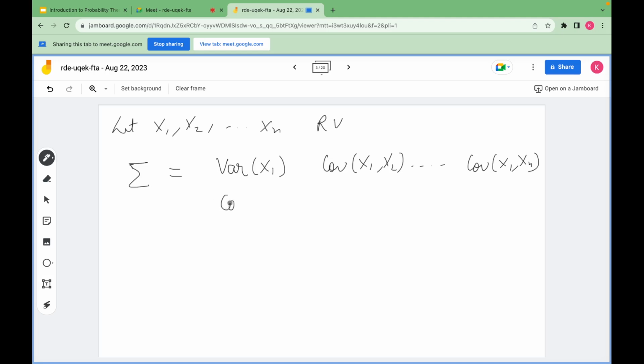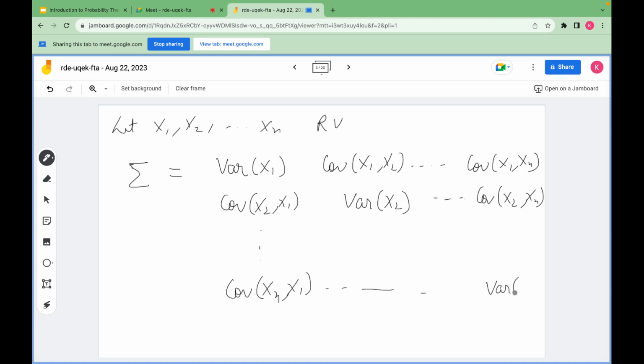Then in the second row the first element will be covariance of X2 comma X1, the second element will be variance of X2, and similarly up to covariance of X2 comma Xn. And the last row's first element will be covariance of Xn comma X1, and the last element will be variance of Xn. So this is the variance covariance matrix for n random variables.